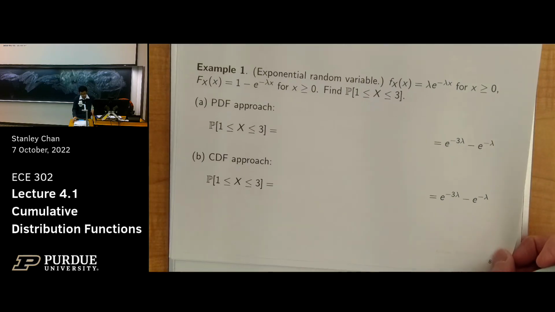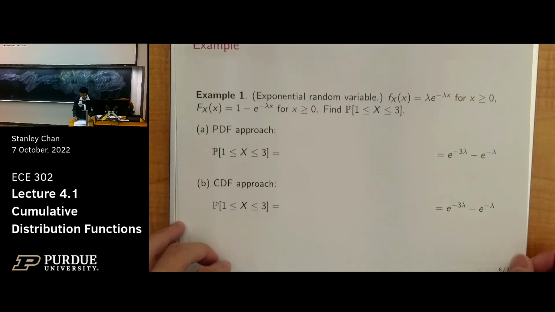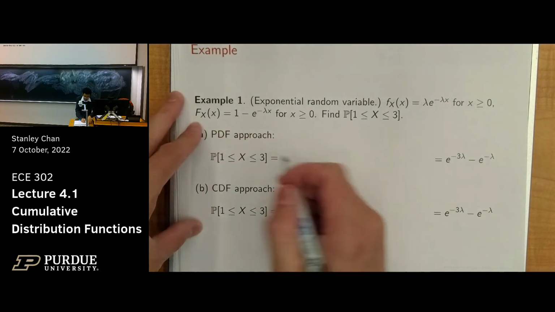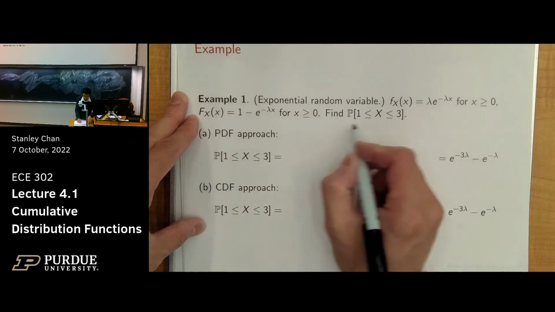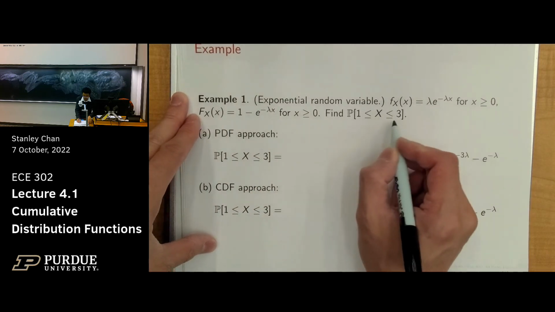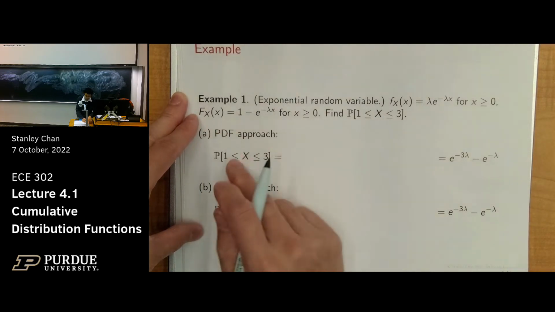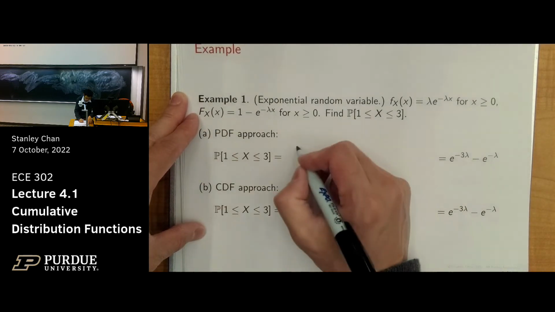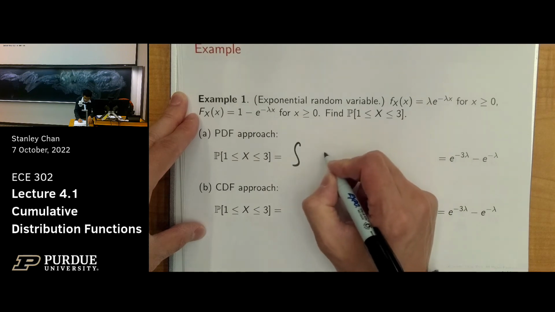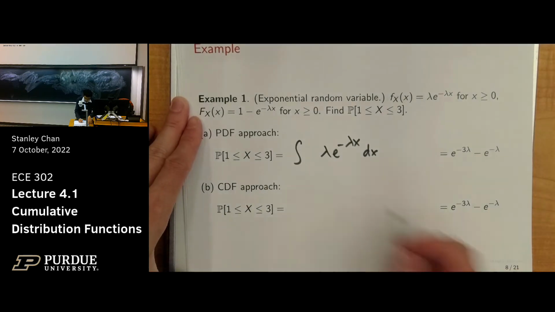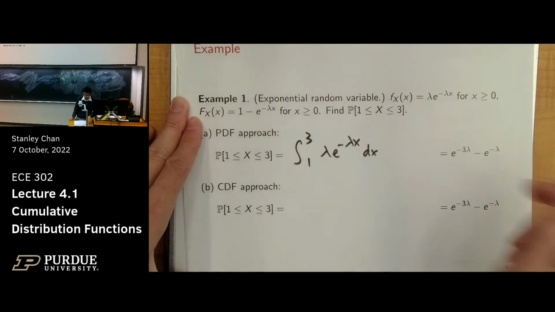So here is an example, an exponential random variable. This is the PDF, and the CDF is given to you. I want to find the probability between 1 and 3. You can take two approaches. Using the PDF approach, it is just the integration of lambda e to the minus lambda x dx, going from 1 to 3.